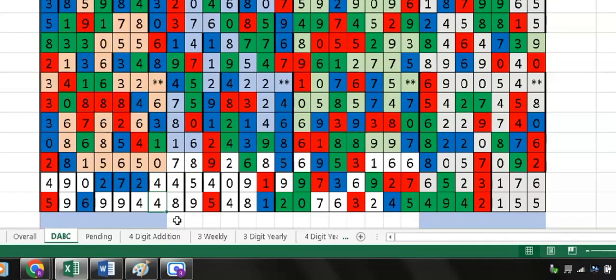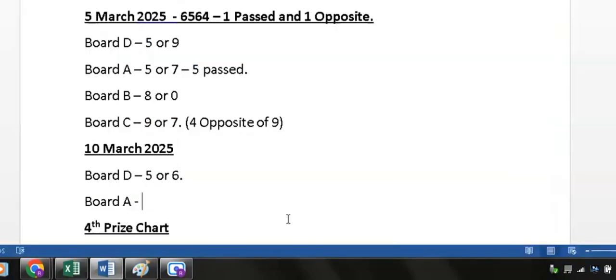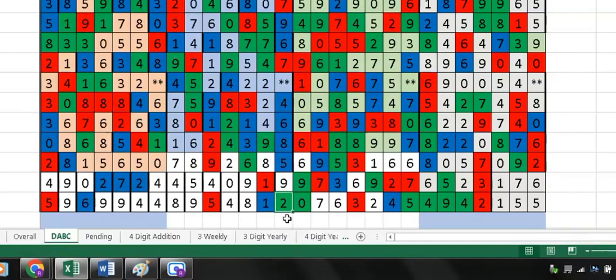Then in board A, possibility of a 6 and possibility of an 8. 8 would be a combination of plus 6, because 3 has not been coming there, so less likely chance of 3 coming. 6, well, 1 has come yesterday, sorry, yeah, so there is a possibility of 1 coming.